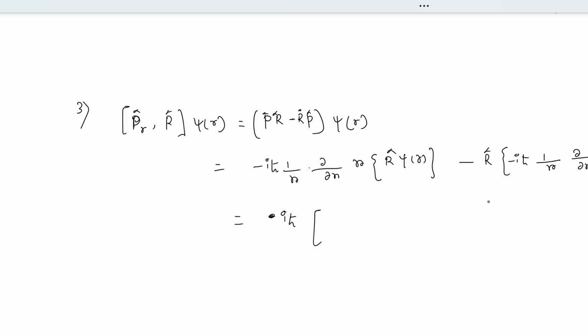You take i h-cut as common, then this is plus sign, so this is r acting on del r of r psi(r), minus the other term, which is basically psi(r), and then comes this term.